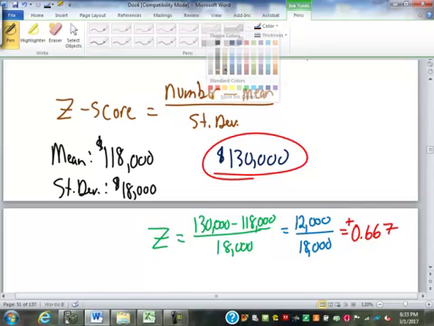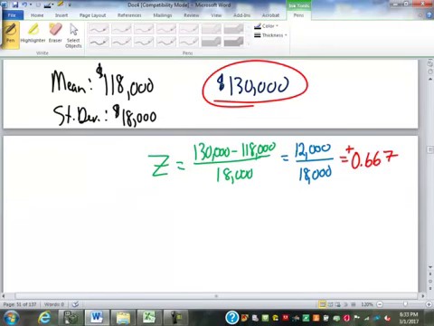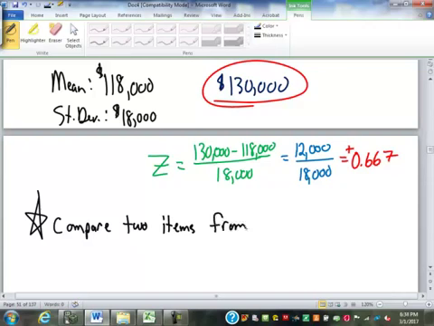Now the real strength of a z-score, the reason that z-scores are used, is you can compare two items from different populations.